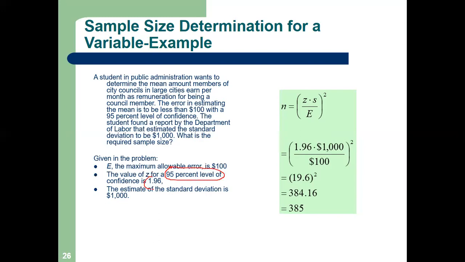What is Z? 1.96. Our error is given. Error is $100. Z we already know, and standard deviation is given in the problem. So you can easily calculate the sample size as 385. With that, we end our confidence interval topic.